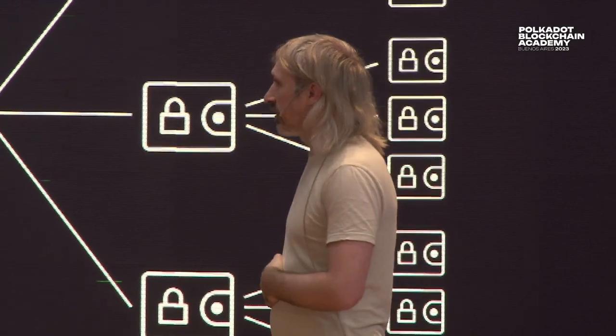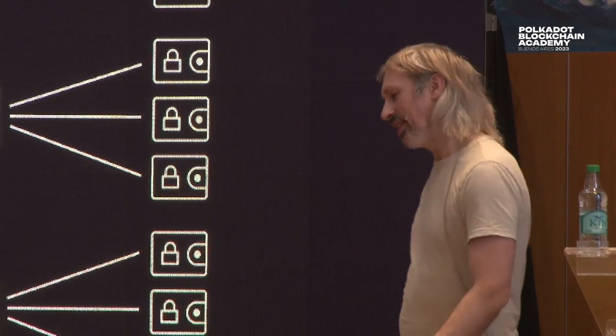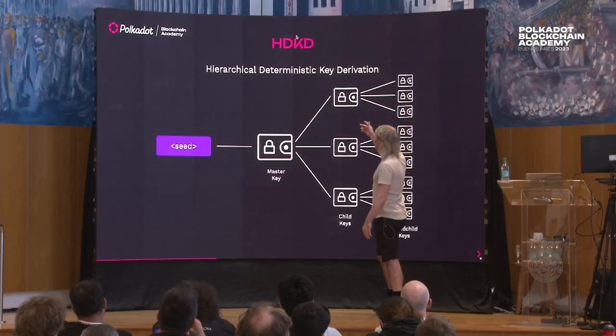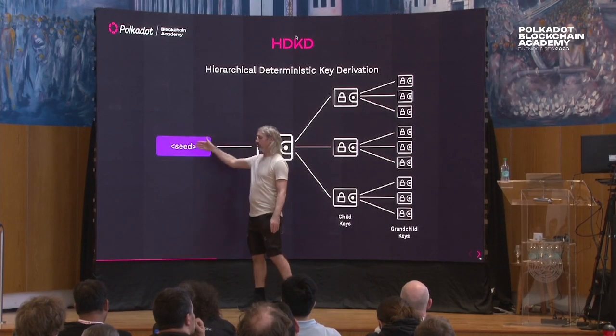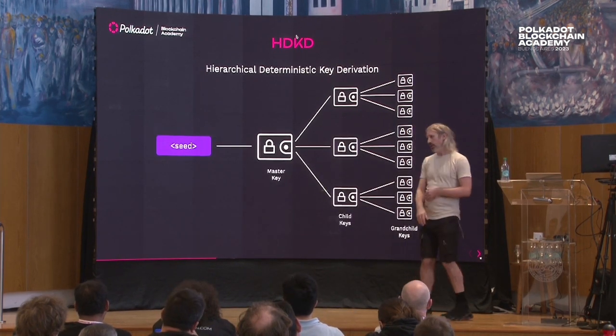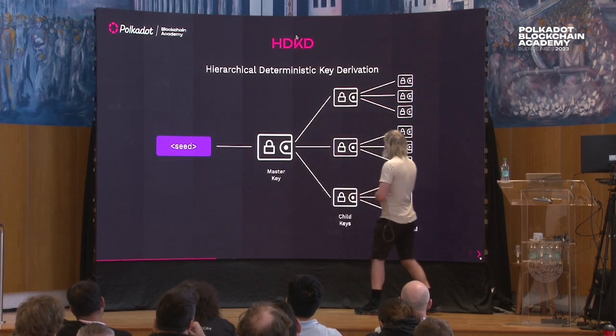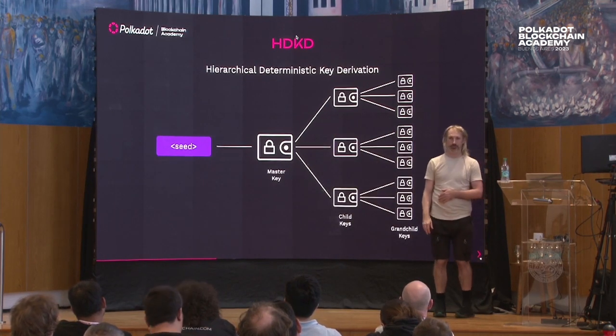Now, you could just have different phrases for all the different keys. Maybe you have 20 keys that you tend to use, so you have 20 different phrases. Each phrase derives a different key, you write them all down, keep them all safe. It's pretty cumbersome. So instead, we say, well, we'll just have one seed, one phrase, and from that one phrase, we will derive many different keys.